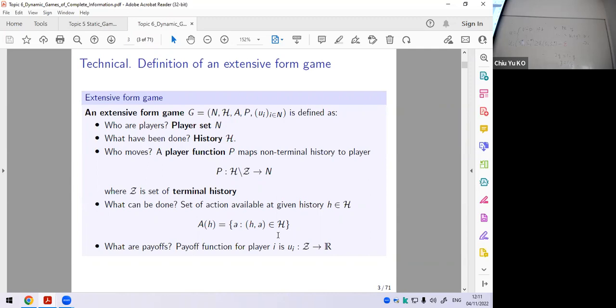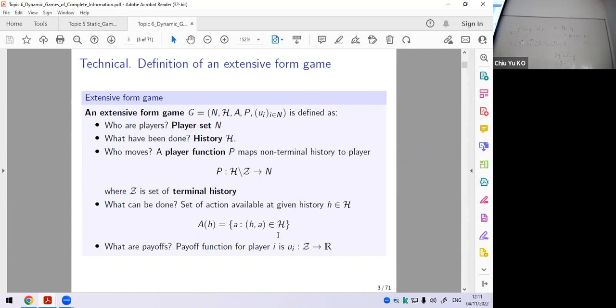But make sure that what is clear in your model is that you have to define all the players. The second one is history, what has been done. So in the past, what has been done, you have defined what is accessible to the players, right? What do they know?